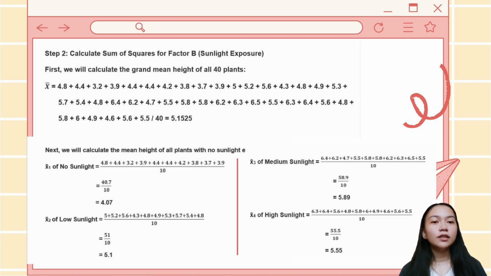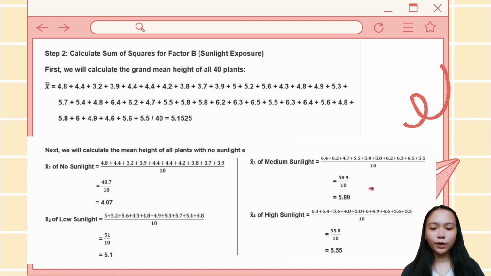Add all the given numbers at the column none and divide it by 10. The total of all given numbers, which is 40.7, divided by 10 is equal to 4.07.